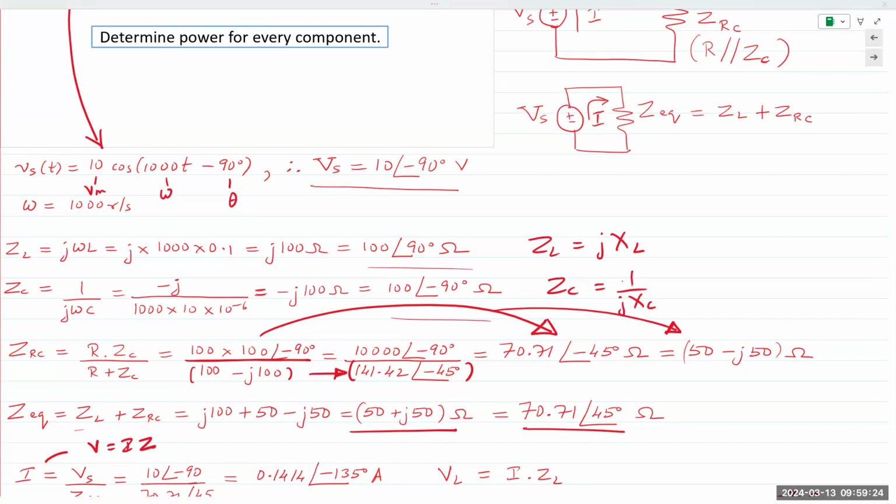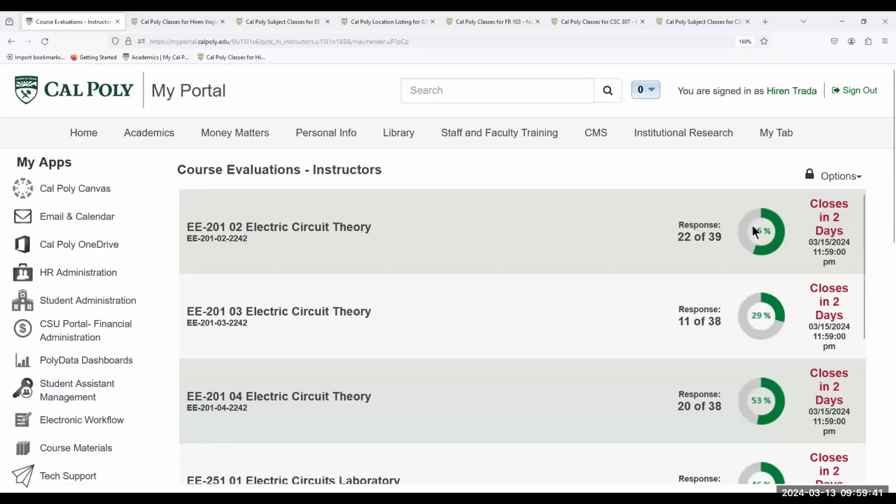One other thing I wanted to show is great job on the response rate. I think this section is by far the, where's it gone? Okay. So right now we are at 56%. So every student in the class gets 0.56 points towards their overall grade.